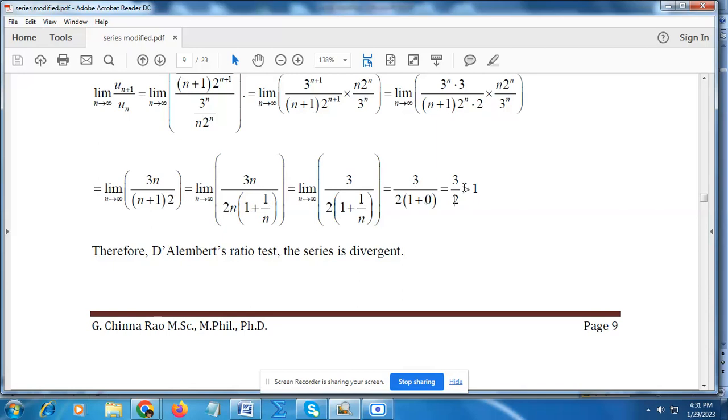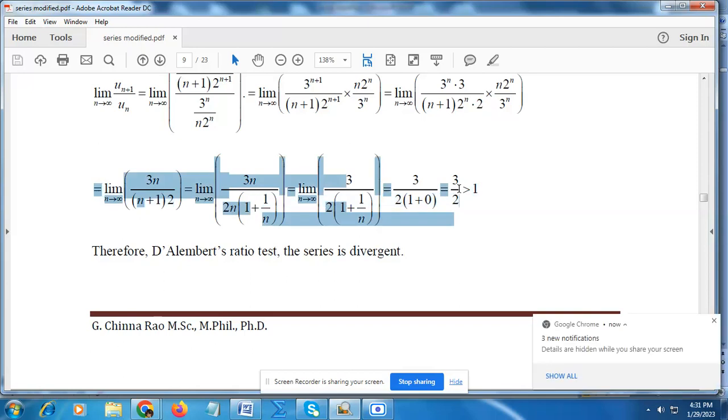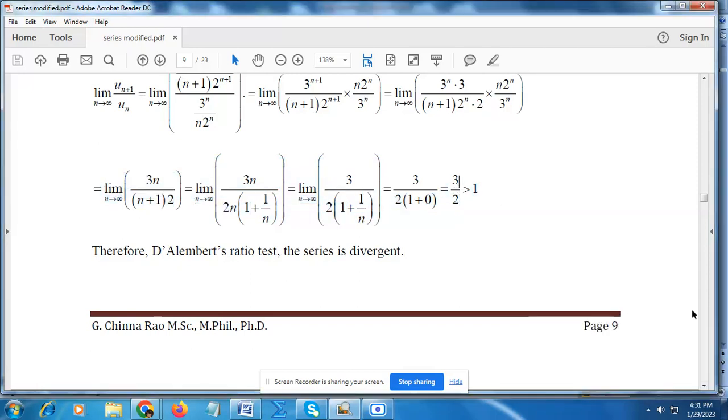So finally we have 3 by 2, which is greater than 1. By D'Alembert's ratio test, the series is divergent. If the limit value is less than 1, it is convergent. If the limit value is greater than 1, then it is divergent.